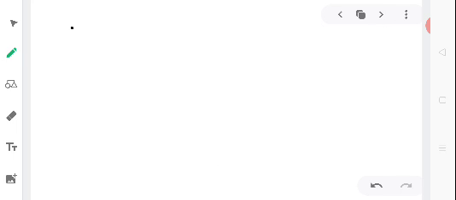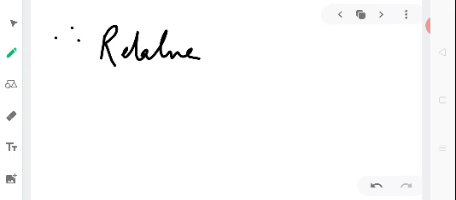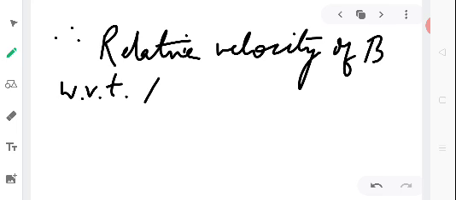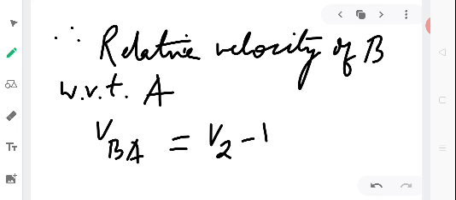Therefore, the relative velocity of B with respect to A. Now let us use a notation something like this: VBA, the relative velocity of object B with respect to object A, is equal to V2 minus V1.